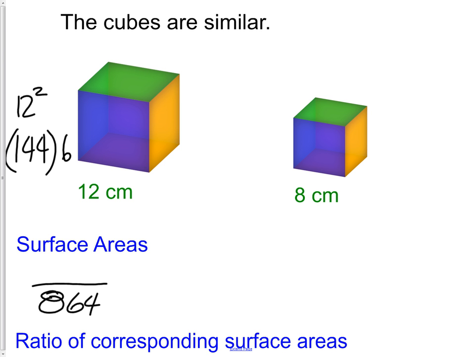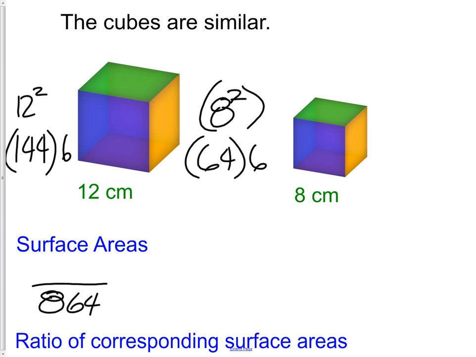144 times 6 is 864. In the small cube, its face area is 8 squared, which would give me 64 times 6. Again, there's 6 faces on there. So when we take 64 times 6, we get 384.